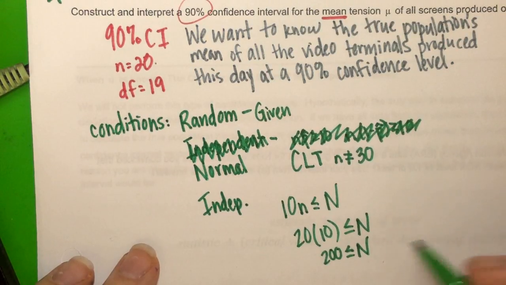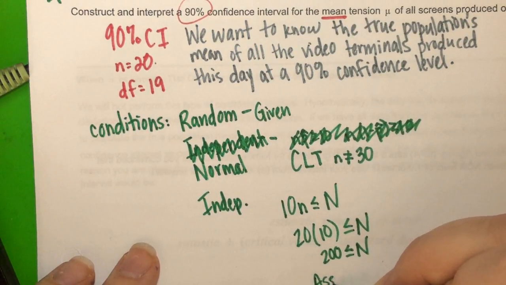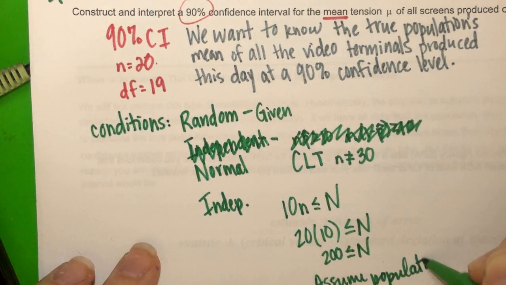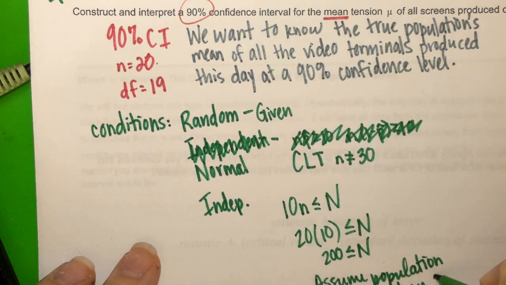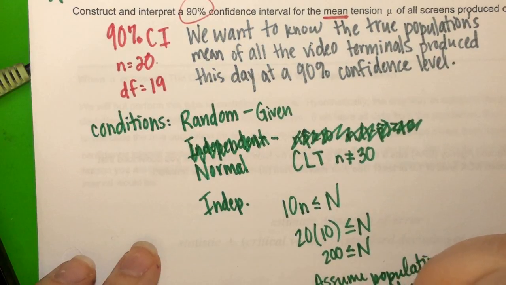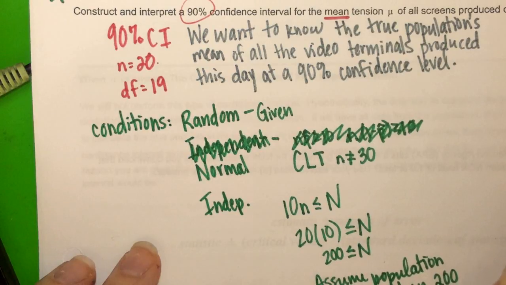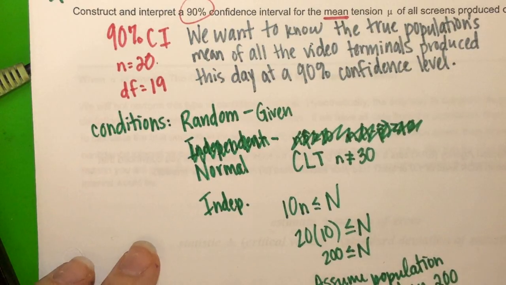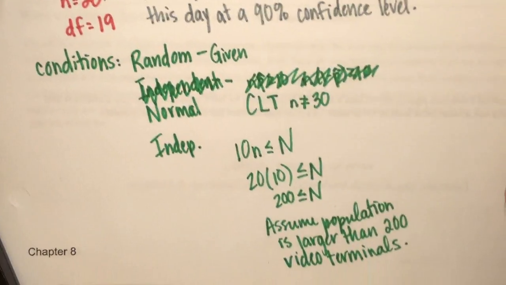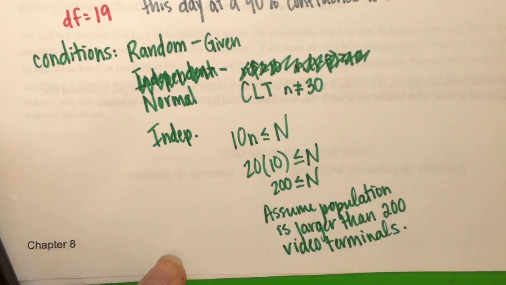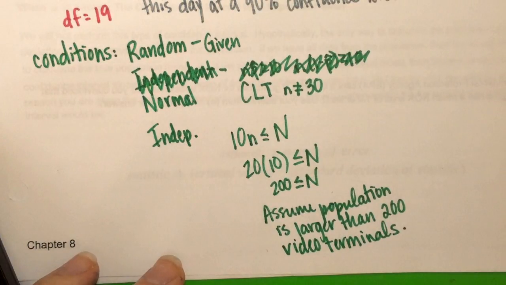So we're going to assume the population is larger than 200 video terminals. And I get we're making a lot of assumptions, but this is something to do with a viewing screen, and we know a lot of people have TVs, so maybe you want to say something a little smarter.